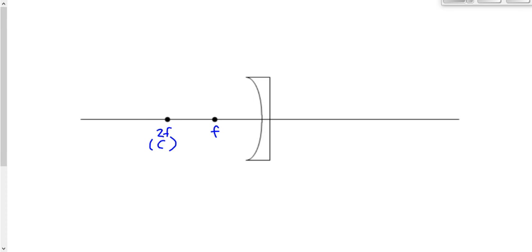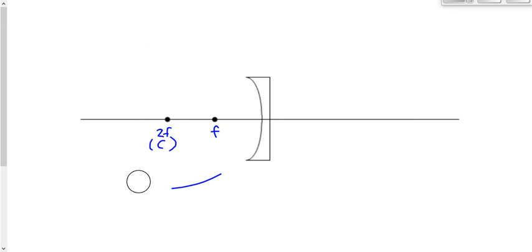So if we made the mirror a complete circle here, that would be the middle. In other words, 2f, or the center of curvature, would be the radius of the mirror. Does that make sense? The focal length of the mirror would be half the radius of the mirror, or 1/4 of the diameter of the mirror.